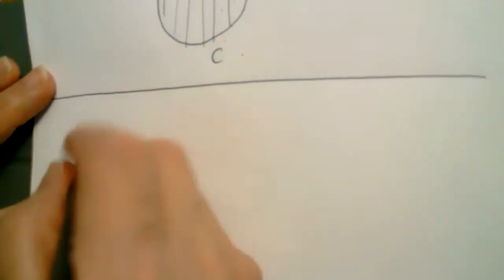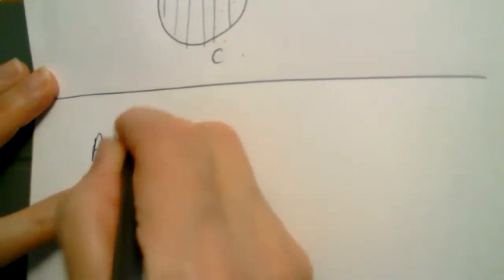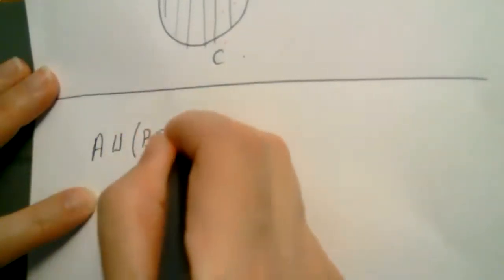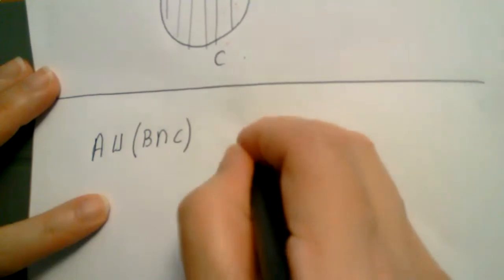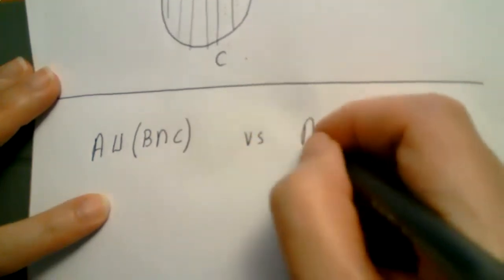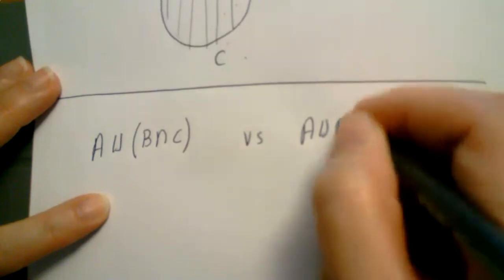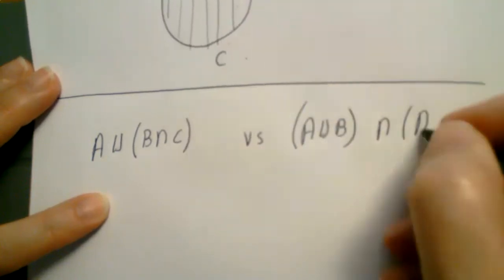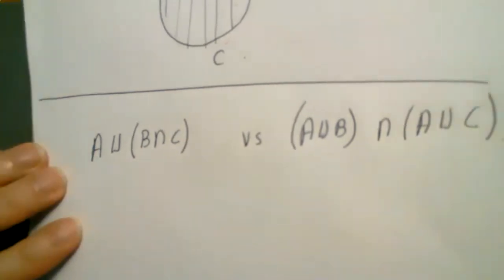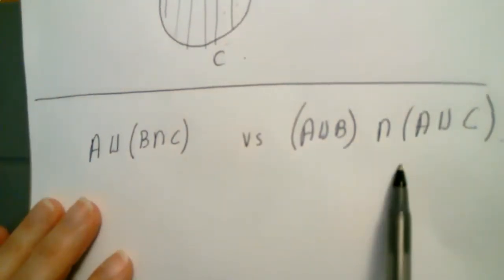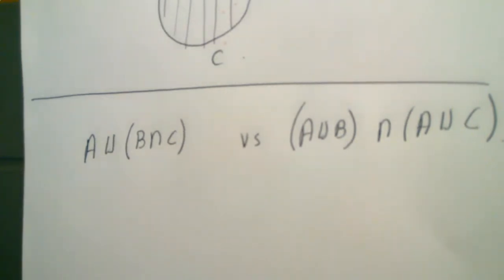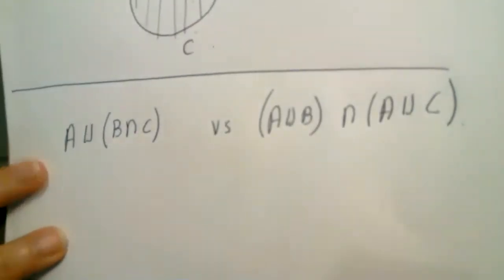So I'm going to give you A union B intersect C, that's the one I did, versus A union B intersect A union C. I want you to do this and tell me if those are the same set, only using a Venn diagram. All right, so 2 minutes for you to do, and then we will check the answers.